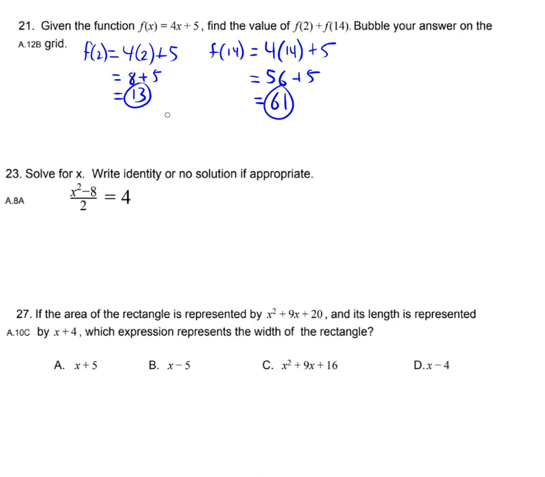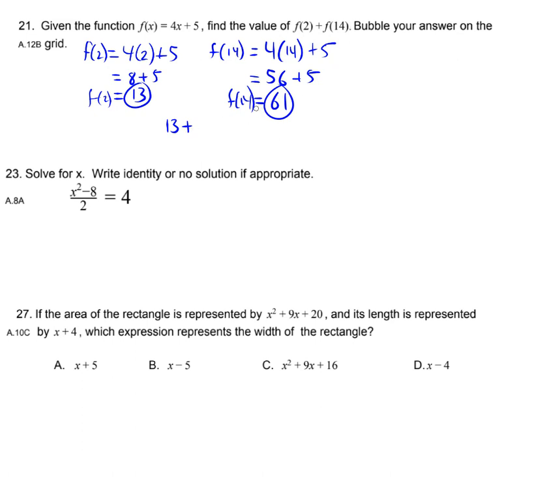And what they want me to do is add f of 2 and f of 14. They want me to take those two and add them together. So f of 2 is 13, right?